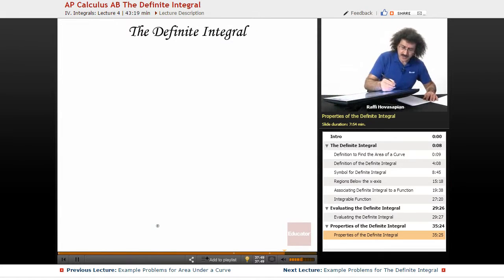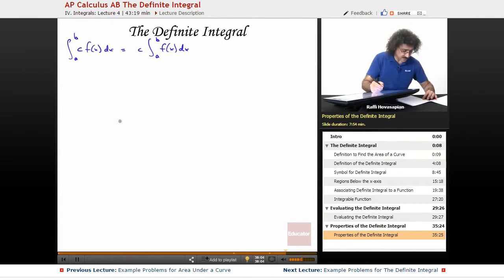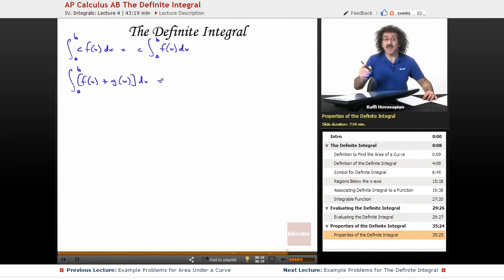Okay, some further properties. The integral from a to b of c times f of x dx, again, you can pull the constant out: c times the integral from a to b of f of x dx. The integral from a to b of f of x plus g of x dx, the integral of a sum is equal to the sum of the individual integrals.